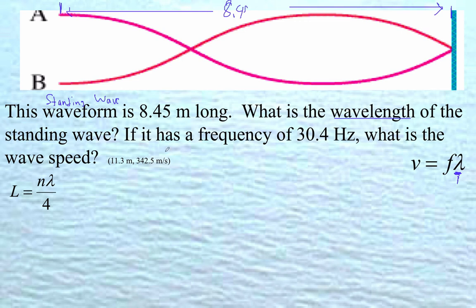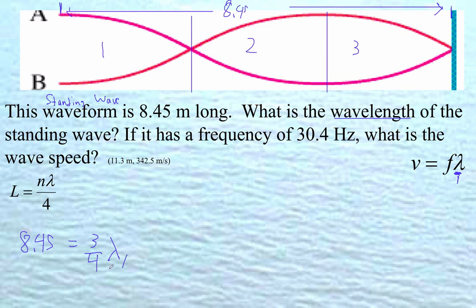So the first thing I'm going to do here is set up my number sentence. I'm going to count the quarter wavelengths here, and if you said there were 3 quarter wavelengths, you were right. There are 3 quarters. So the length is n lambda over 4. This is in your formula sheet. So I'm going to say 8.45 is equal to 3/4 wavelengths.